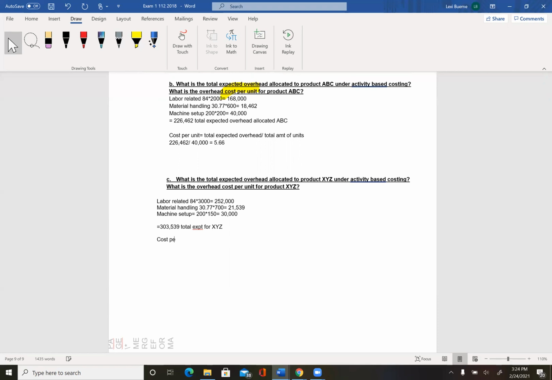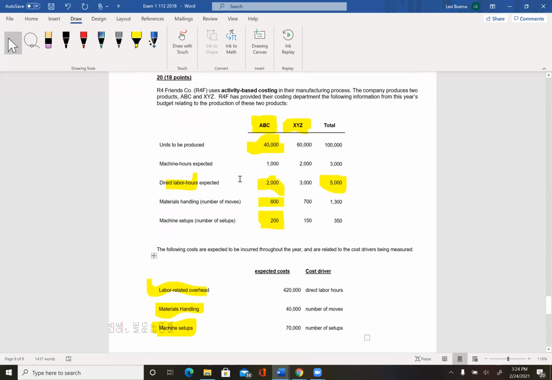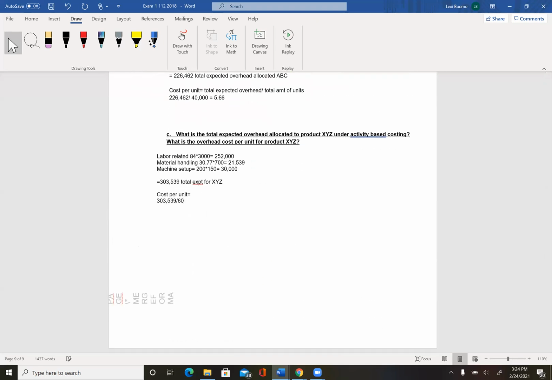Now to find your cost per unit for overhead, you're going to do the same thing. That number from above, 303,539, divided by the units, which our units are going to be 60,000. And then that cost per unit total is going to be 5.06.